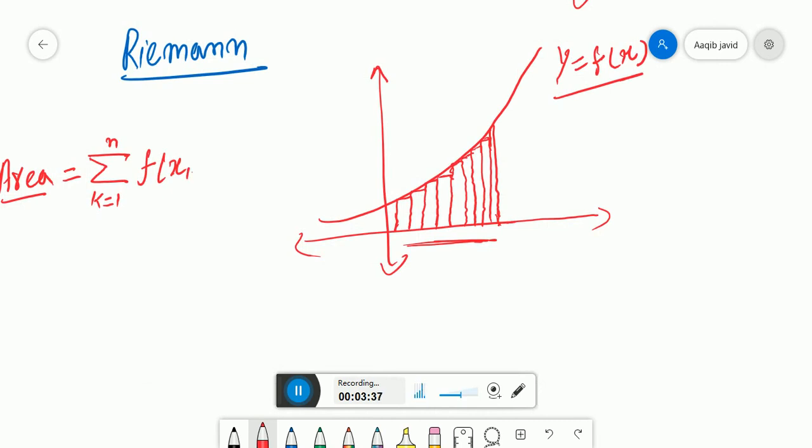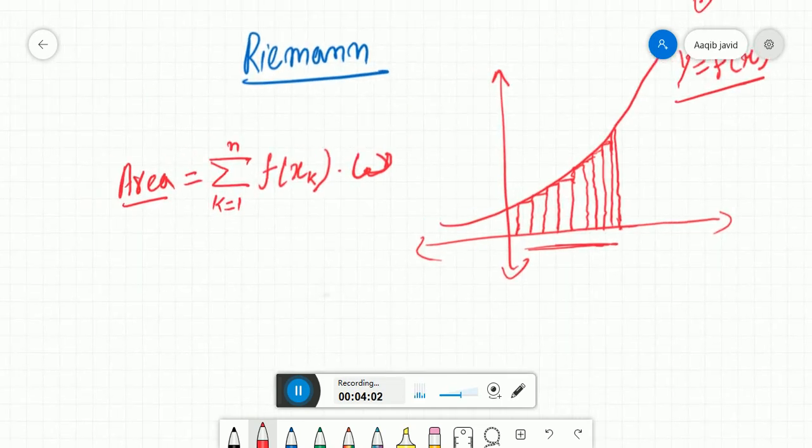It will be f of xk, because you will put x1, x2, x3 and so on, that's its k, it will work according to the dummy variable. So it will be f of xk times the width of every rectangle, that's w.